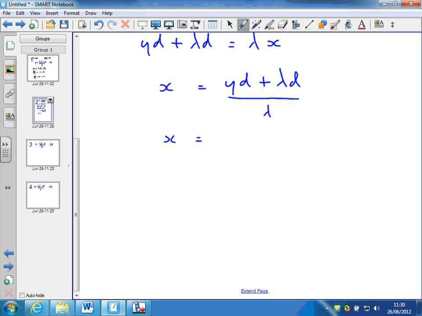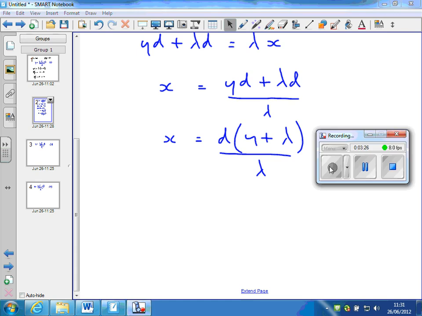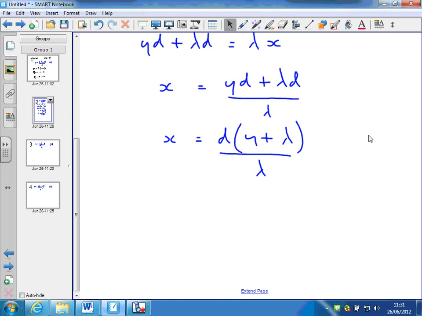So we can factorize, in other words, take d outside the bracket, leaving y plus lambda over lambda. Dividing by lambda is the same as multiplying by 1 over lambda, so I could rewrite that as d over lambda times y plus lambda, which is the answer in the textbook.